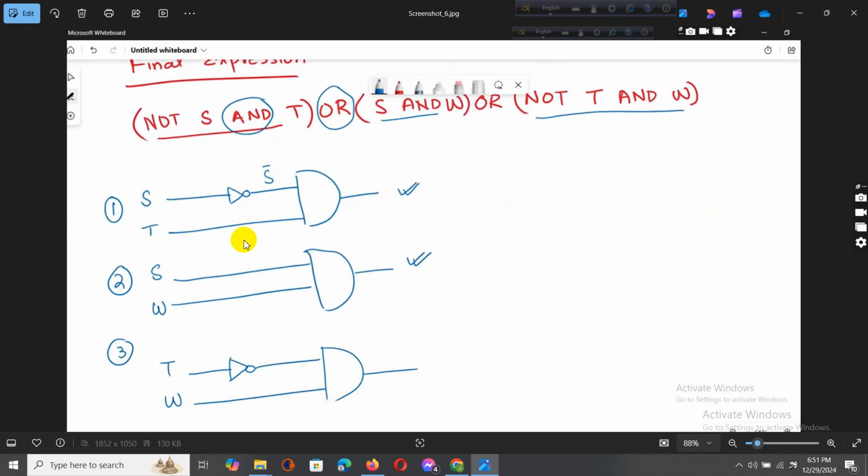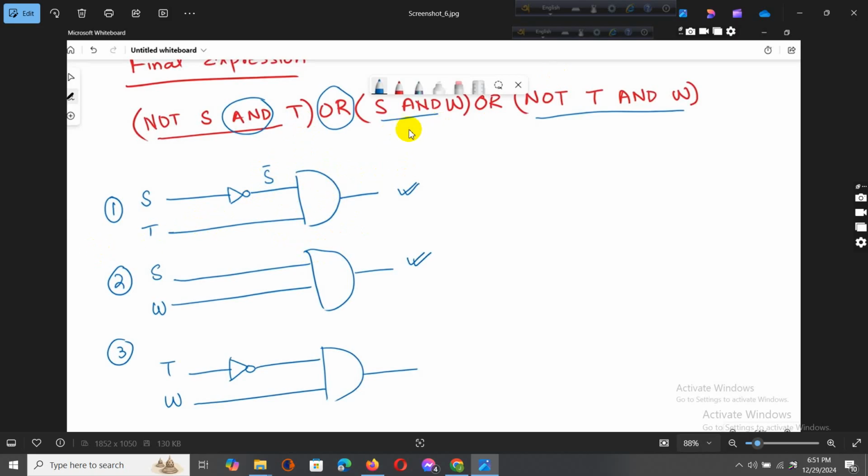So you have to draw your logic circuit from this expression. For the first logic expression, here NOT S and T. So S is going through the inverter and becomes S bar and goes to the AND gate, and T goes directly to the AND logic gate. In the second logic expression, S and W go directly to the AND logic gate.